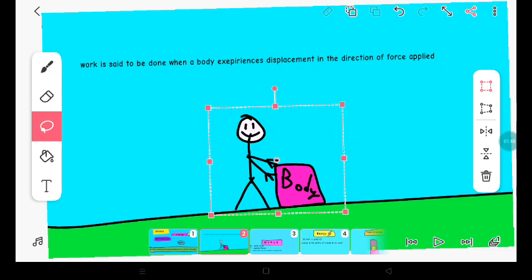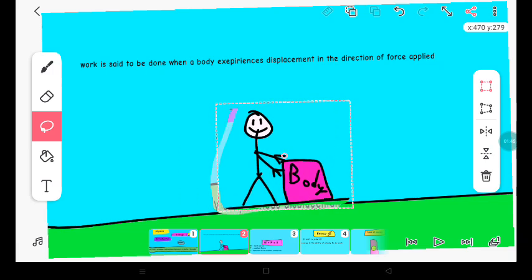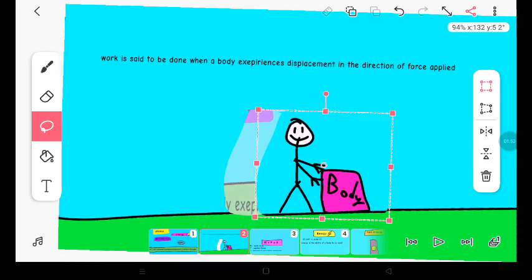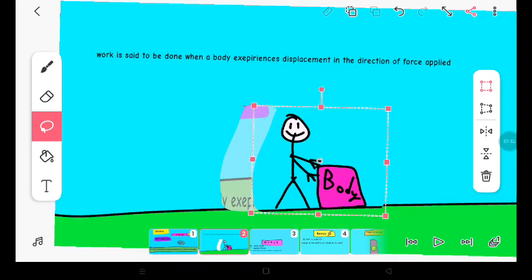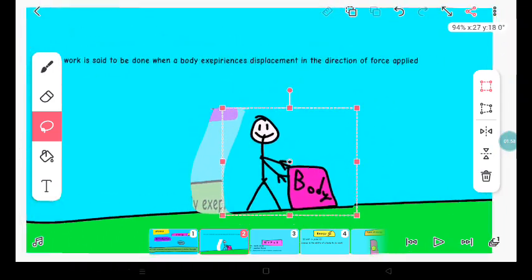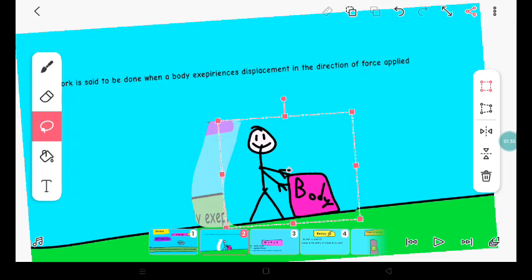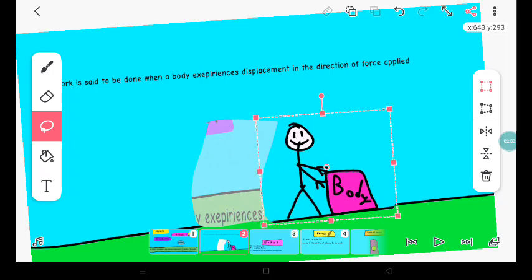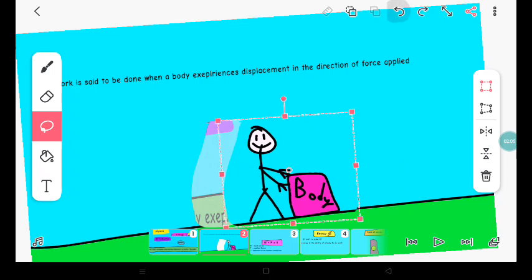So this stickman is doing work according to physics. So work is done, and this body has experienced displacement, means that body has experienced movement. And that body has experienced movement in the direction of force applied.